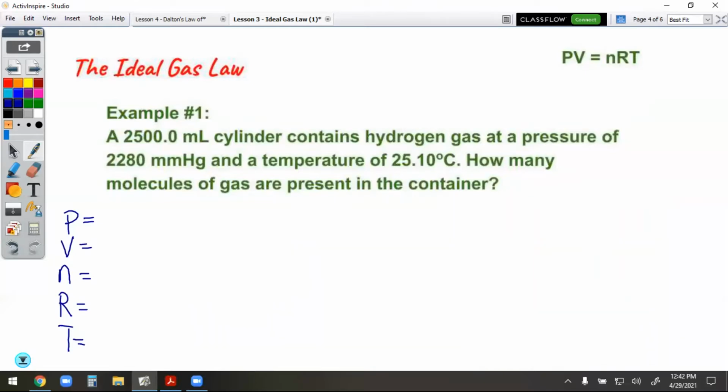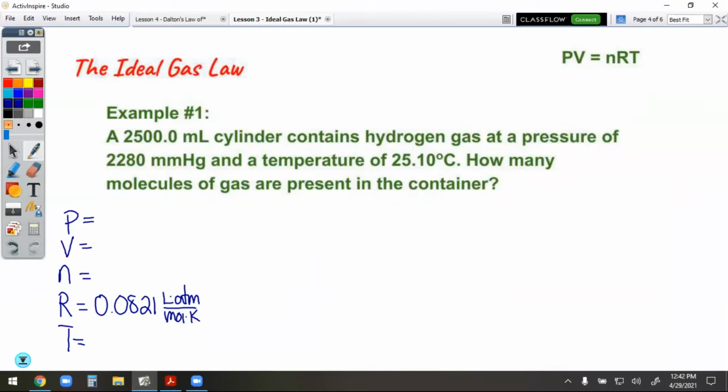R, remember, is a constant. It's always known. It's not going to be given to you in a problem, but it's always going to be there. So we can fill that in automatically as 0.0821 liter times ATM over moles times Kelvin.